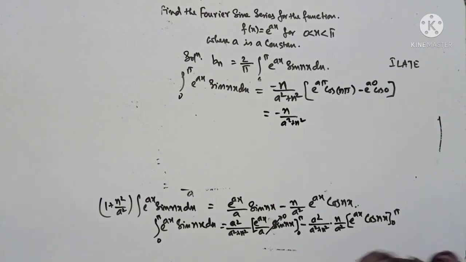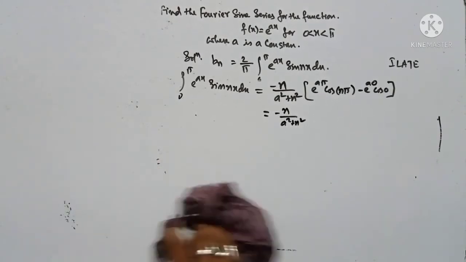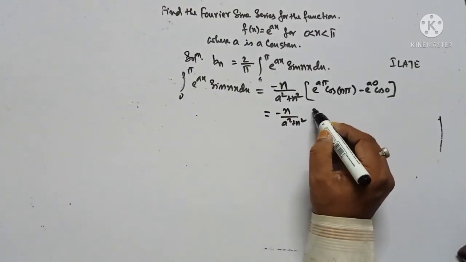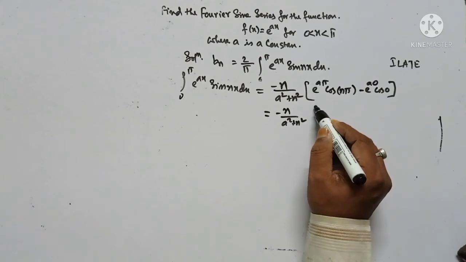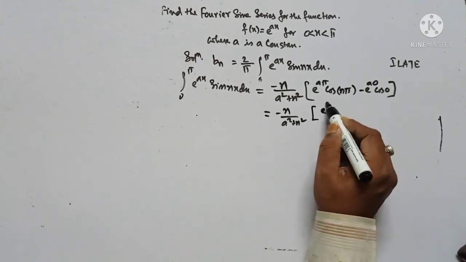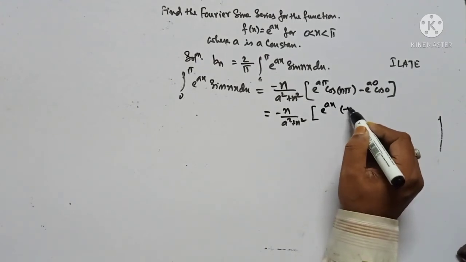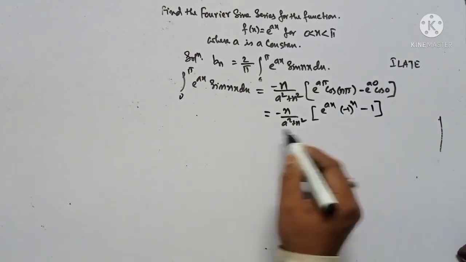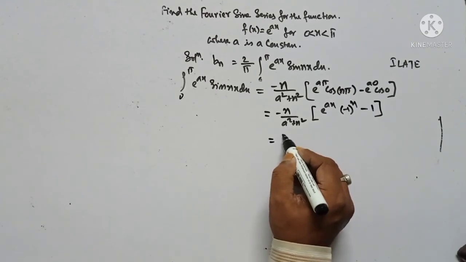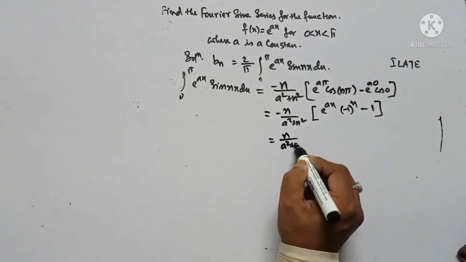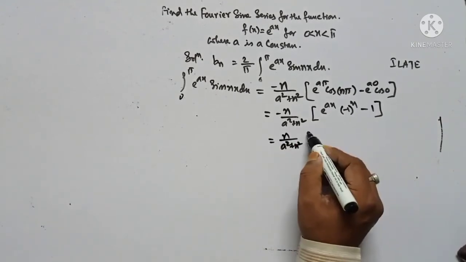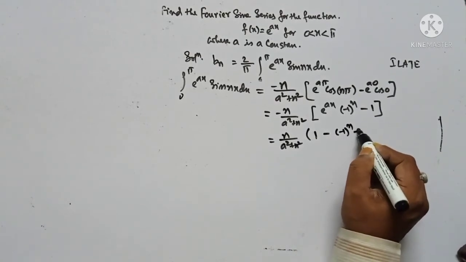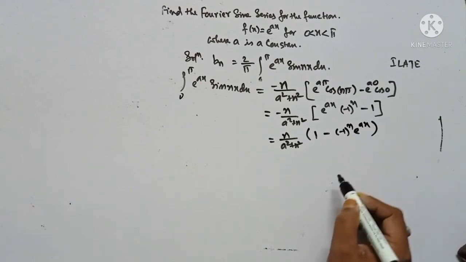So this will be minus n by a square plus n square, times e to the power of ax times minus 1 to the power of n minus 1. So now this will be n by a square plus n square times 1 minus minus 1 to the power of n e to the power of ax.